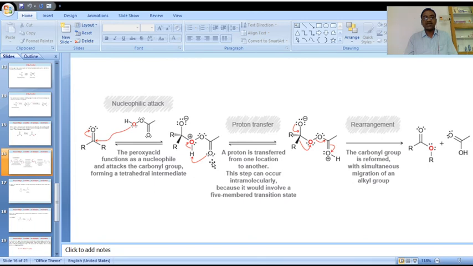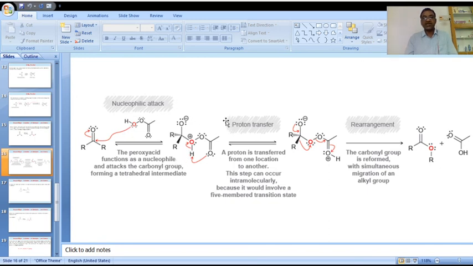This step can occur intramolecularly, within the compound. This proton transfer is within the compound, which is why it is called an intramolecular proton transfer reaction.